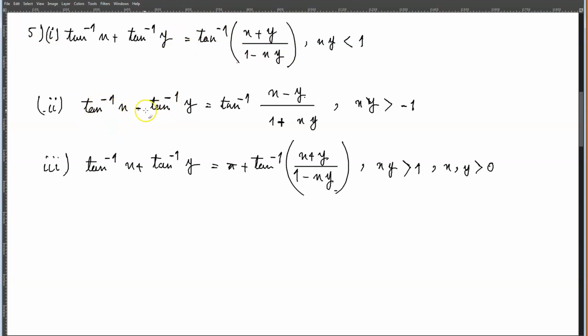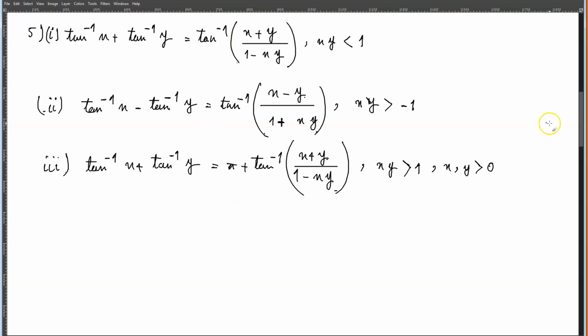Also, the tan inverse of x minus the tan inverse of y is equal to tan inverse of (x minus y) over (1 plus xy) for xy greater than negative 1. And also the tan inverse of x plus the tan inverse of y is equal to pi plus tan inverse of (x plus y) over (1 minus xy), for xy greater than 1, x and y greater than 0.